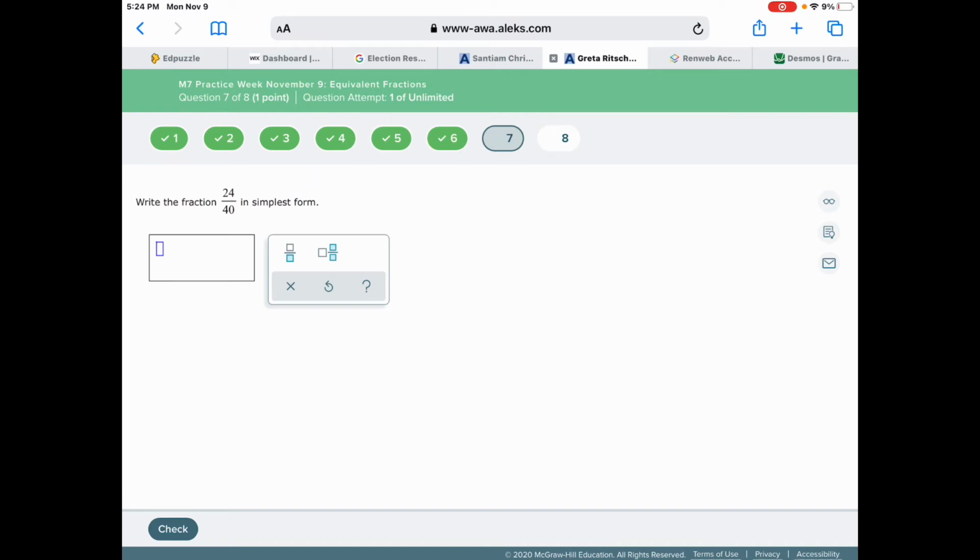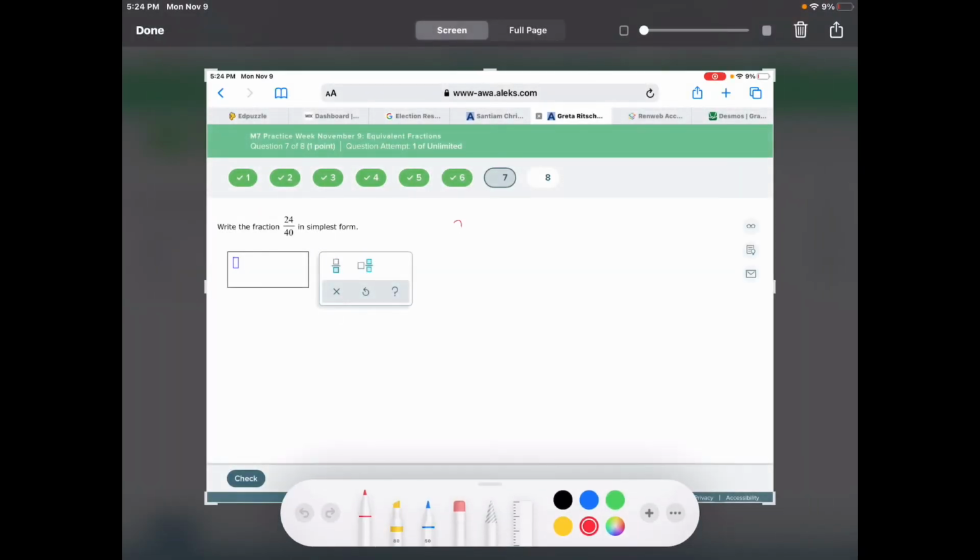Okay, so here's a little bit bigger one, and let's do 24/40 into simple form. Now I'm going to show you that you don't always have to pick the best number first. So let me just go, okay, they're both even numbers. Even numbers mean divided by 2 or cut in half. If I divide this by 2, I get 12.